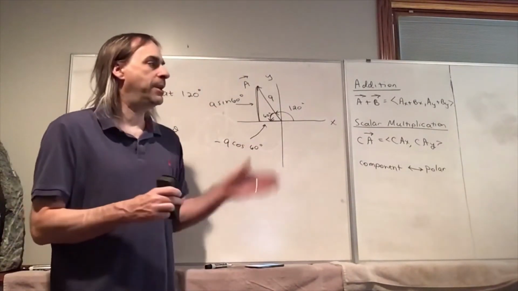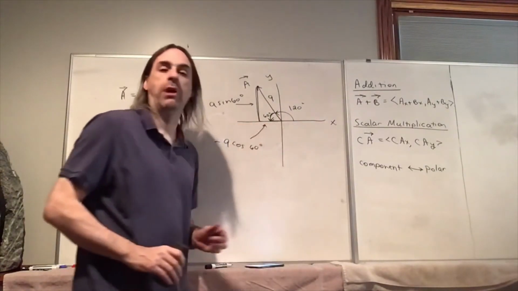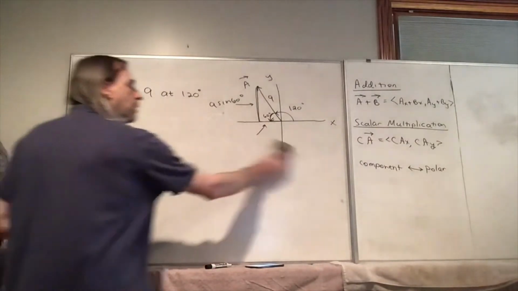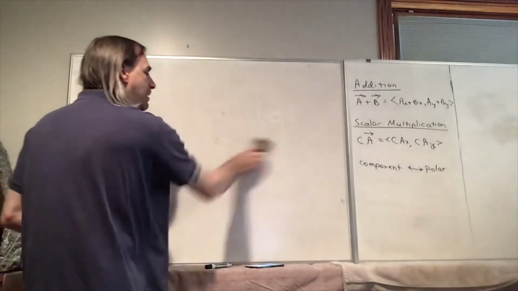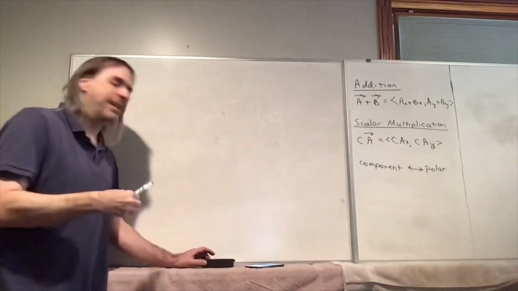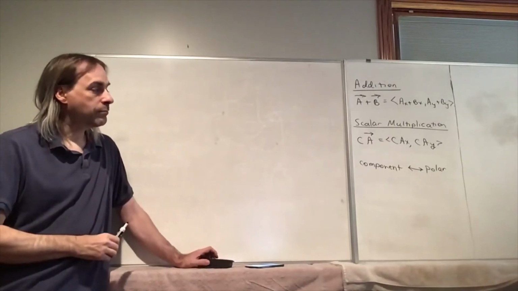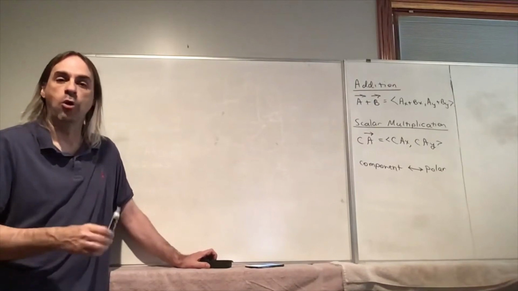Or displacement, go 10 miles in that direction. So this component form is more of a mathematical thing. It doesn't exist naturally, but component form is so much easier to work with than polar form.